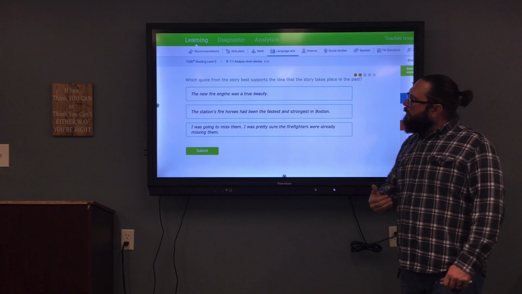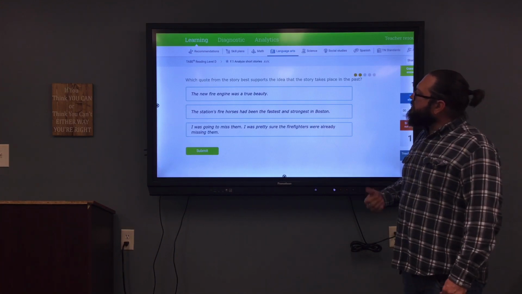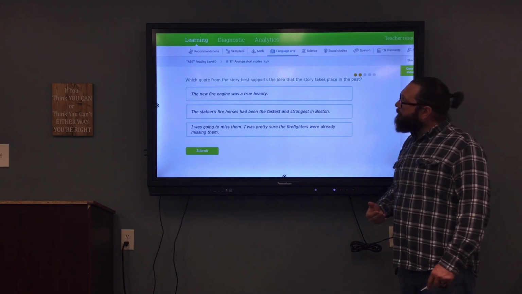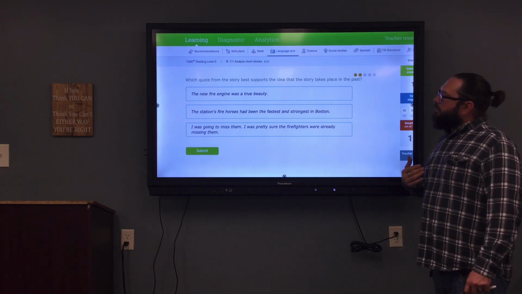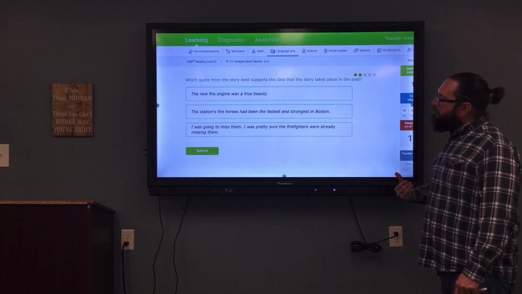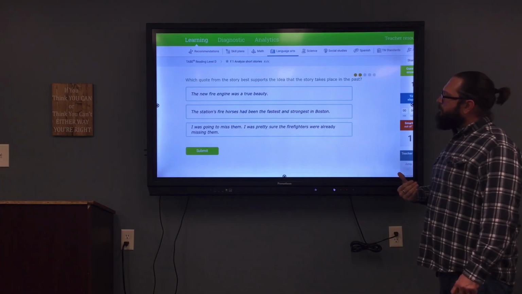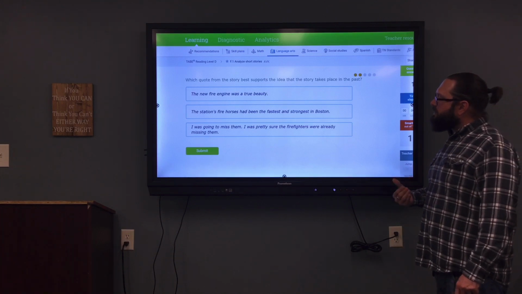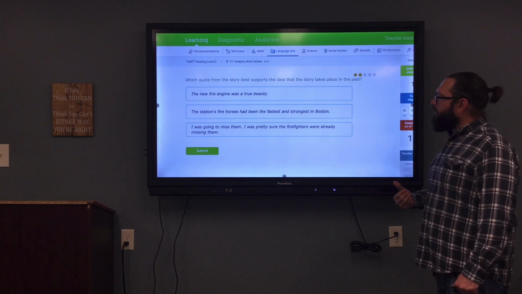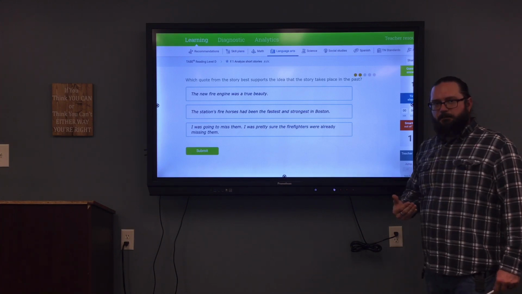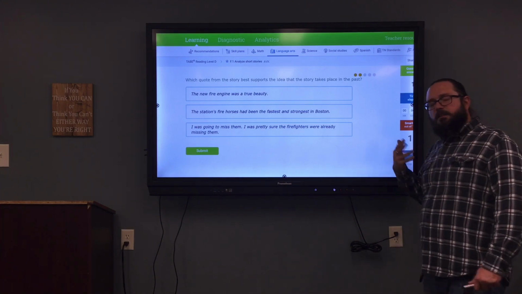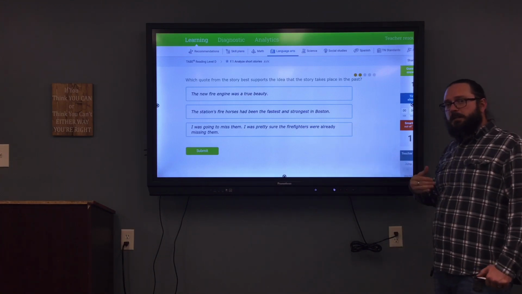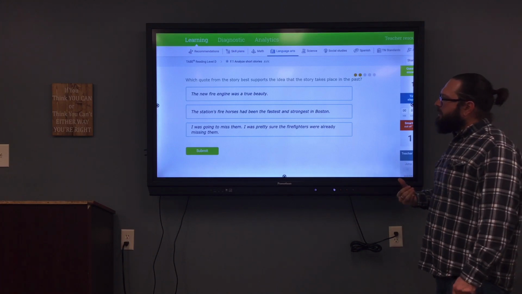As a follow-up question, we are asked, which quote from the story best supports the idea that the story takes place in the past? The fire engine was a true beauty. The station's fire horses had been the fastest and strongest in Boston. Or I was going to miss them. Or I was pretty sure the firefighters were already missing them. Well, we touched on this in the first paragraph and in the first question that we looked at when we determined it took place in the past.